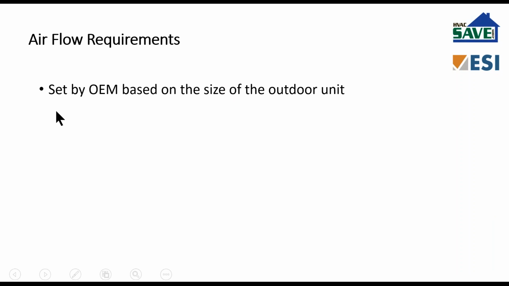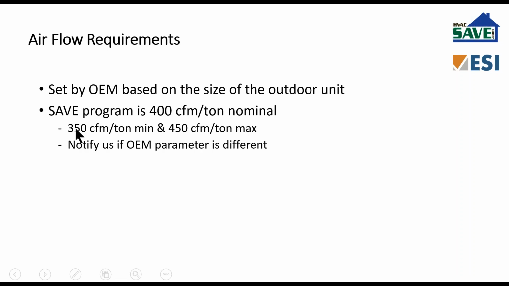Let's touch on the airflow requirements for cool mode. These are set by the OEM based upon the size of the outdoor unit that you sold and are installing or maintaining. The SAVE program sets 400 CFM per ton as the nominal and has an acceptable range of 350 to 450. Pretty common in the industry.